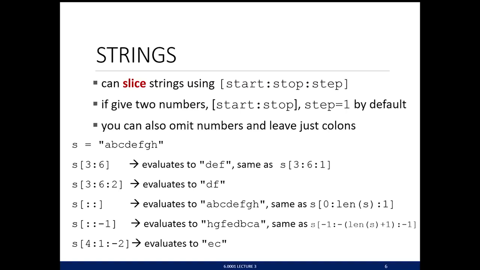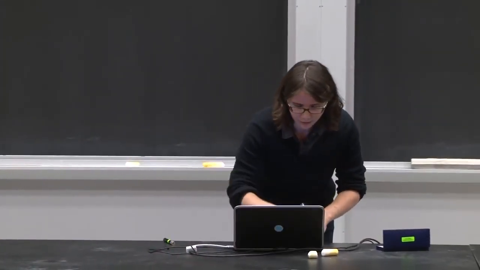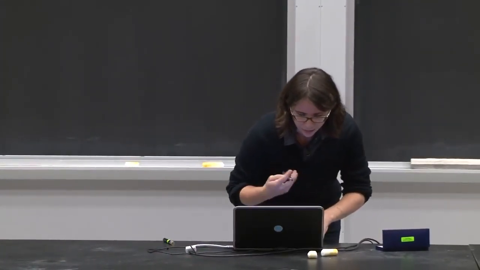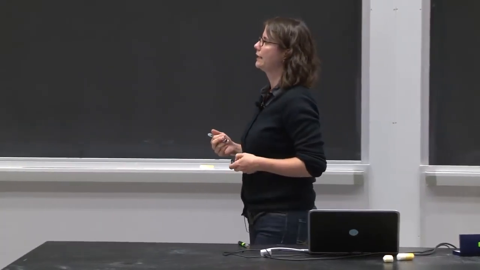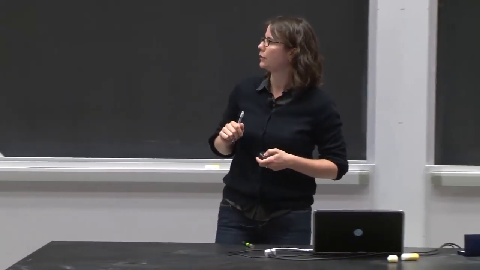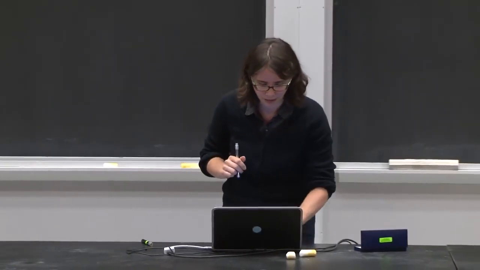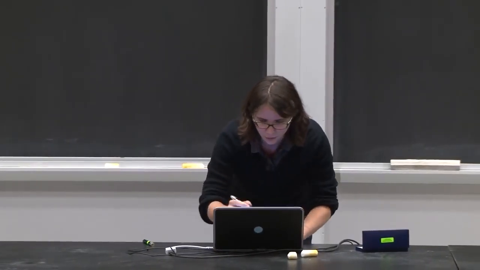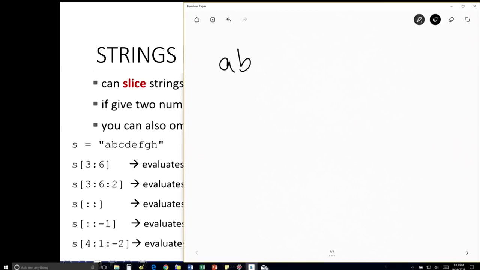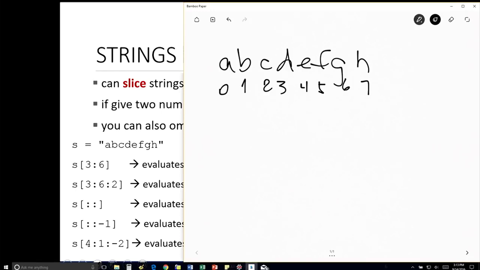So we slice using square brackets, just like indexing, except now we can give it 2 numbers. Okay. So with this string s, if we slice into the string s, we start from index 3 and go up until index 6. So if we have A, B, C, D, E, F, G, H, this is position 0, 1, 2, 3, 4, 5, 6, 7.